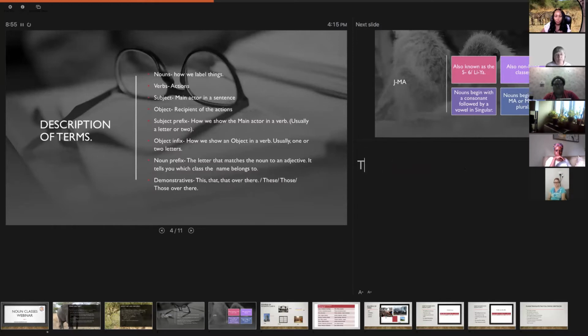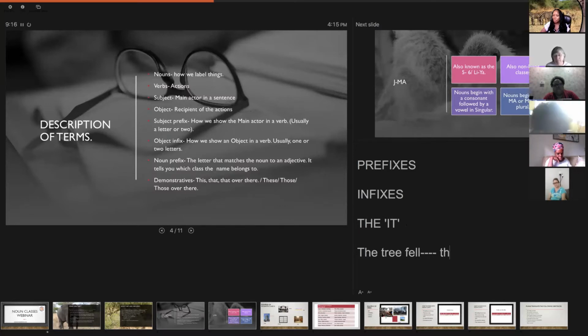It's important because we have these things called prefixes and infixes. What are they? For non-living things, these are simply the Swahili "it". So in something like "the tree fell", this literally means the tree, it fell.